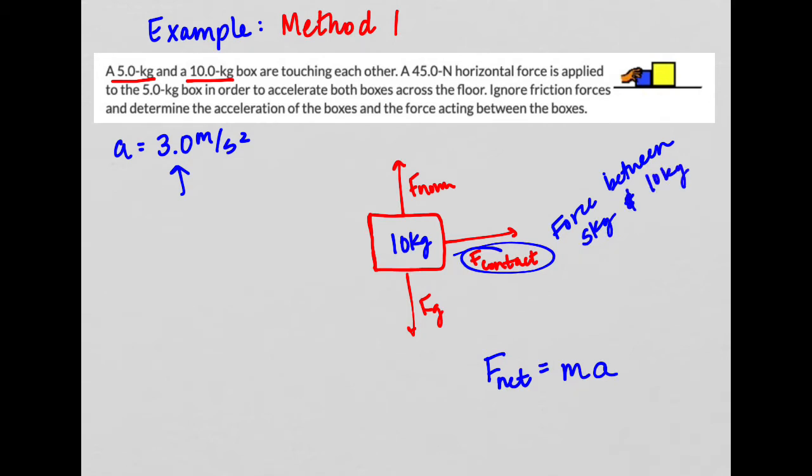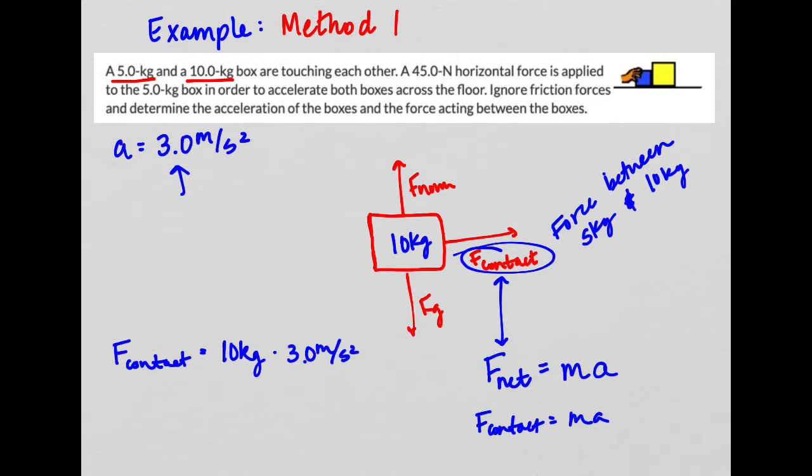So if F contact is the same thing as net force, I could say that contact force equals mass times acceleration. And I already know the mass, I already know the acceleration, so all I have to do is plug that in and solve for it. So let's do that. Our contact force is equal to the mass, which is 10 kilograms, times the acceleration, which we solved for earlier.